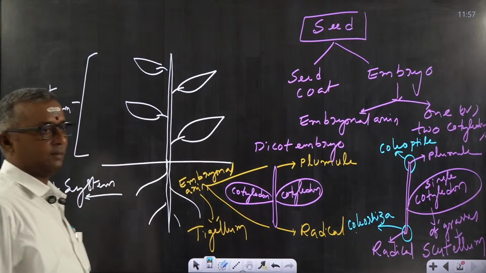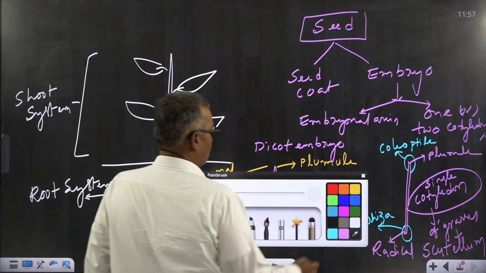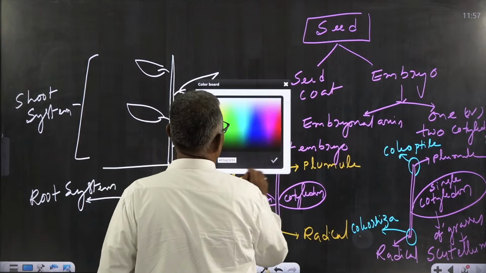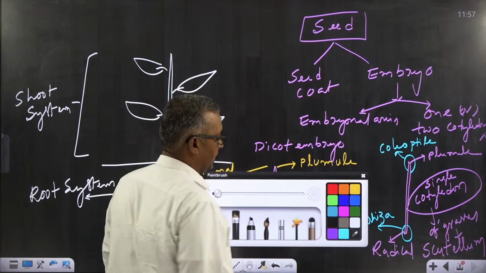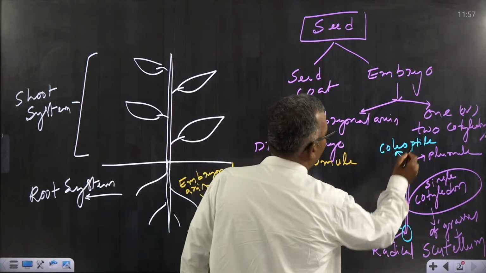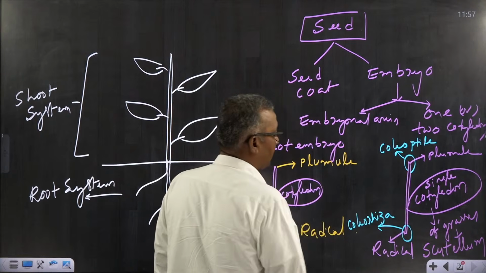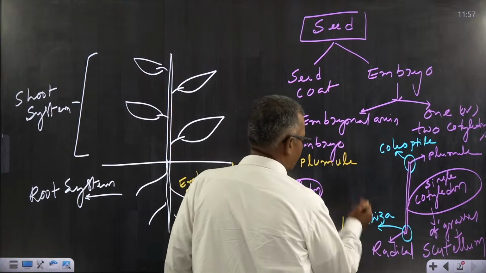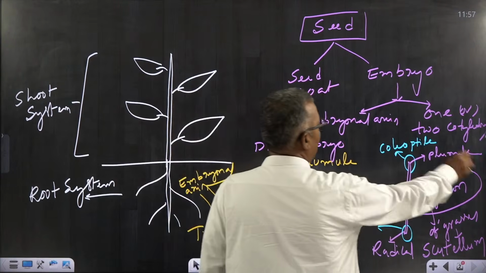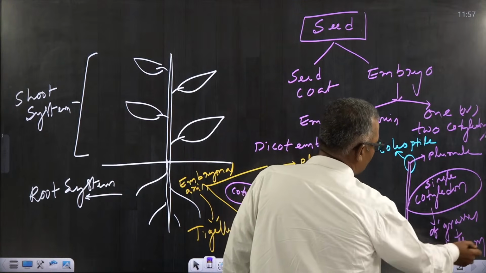Listen to me carefully, don't get confused. Plumule is protected by a protective sheath called coleoptile. Radicle is also protected by a protective sheath called coleorhiza. And the cotyledon of grasses is called scutellum.